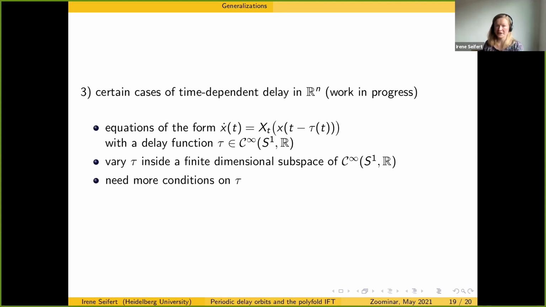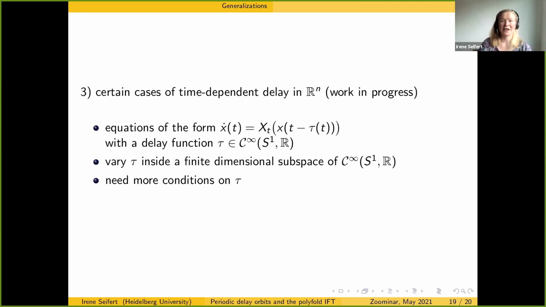So one needs some more conditions on tau. So yeah, what we plan to do is to show that if we have the right conditions, then all the rest goes through exactly as we would like it.